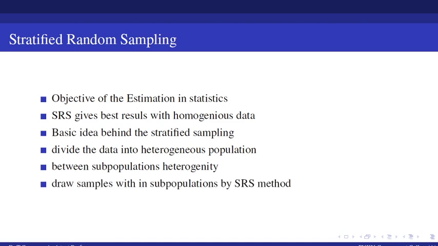Treat each subpopulation as a separate population and draw a sample by using simple random sampling from each stratum. Here, the sample drawn from each stratum is done randomly, and the size of the sample should be decided very carefully.